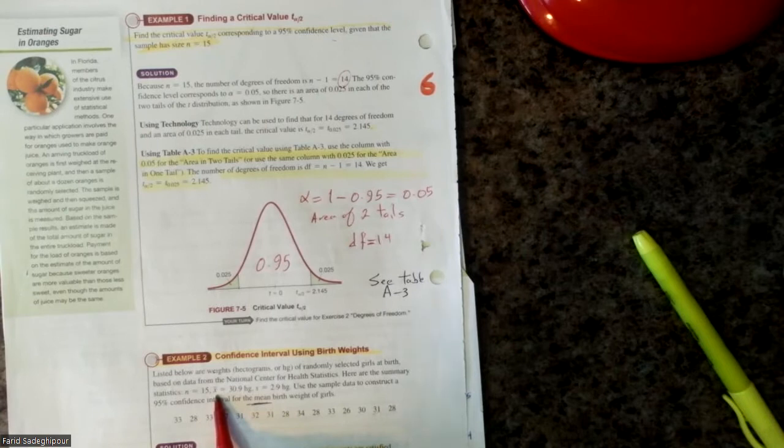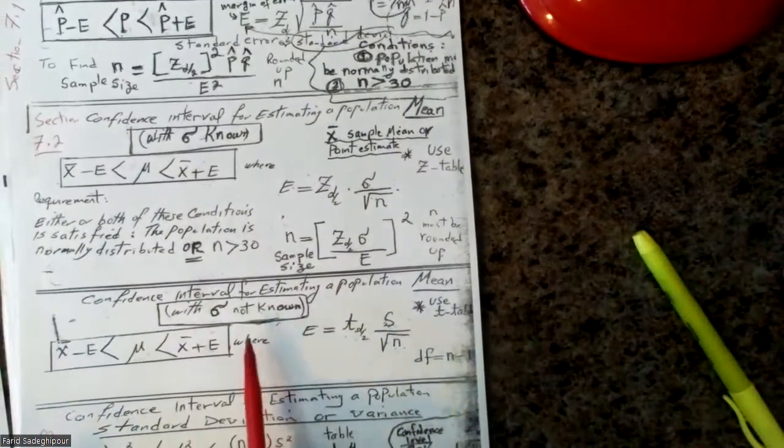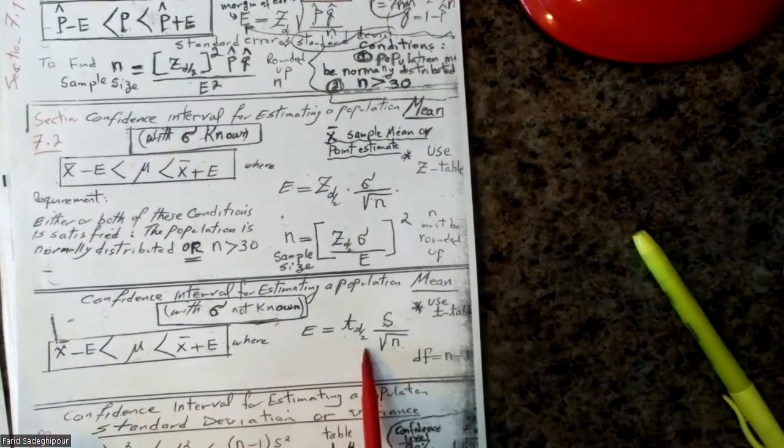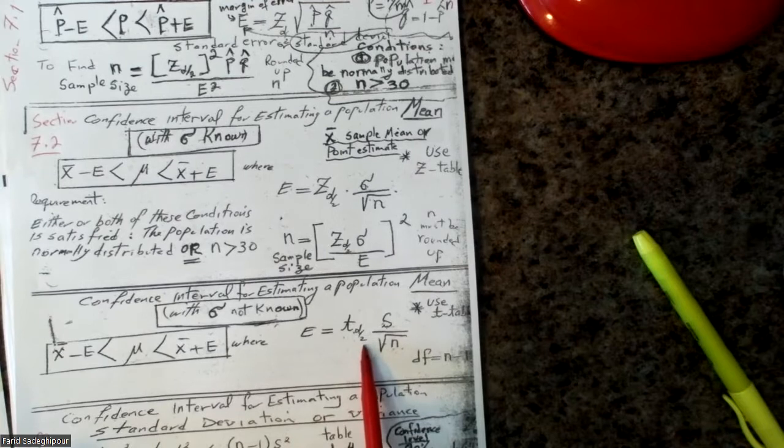How do I know we are not using population? Because they are using sample mean and S, the standard deviation of the sample. So I know I have to use the formula because the population standard deviation is not given. So I have to use this formula, E equals t of alpha half times S over radical n.